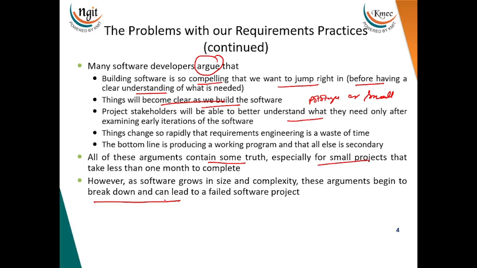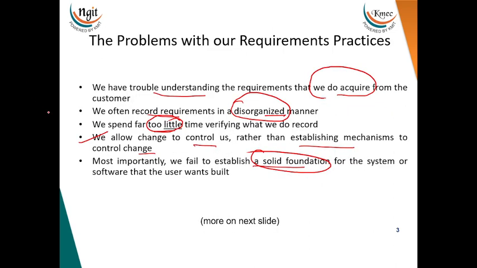If we have a big software, we break it down into parts, and if one goes wrong, we can modify and adjust that part. So going back to the point, the problem with requirement engineering is that we don't understand it properly. We don't acquire requirements beforehand, and requirements are in a disorderly way.